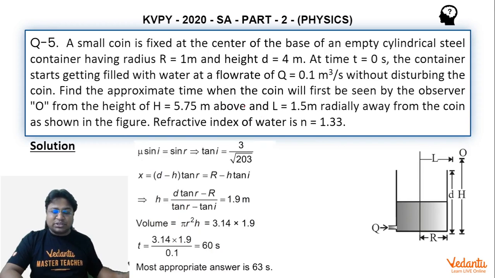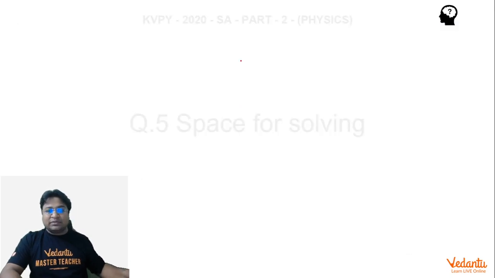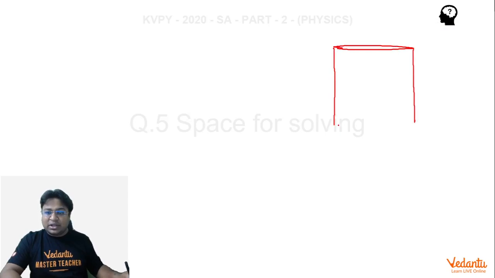So in this question, what is happening? So what is happening is this. Let's say this is a container. Okay, and there is a coin here.